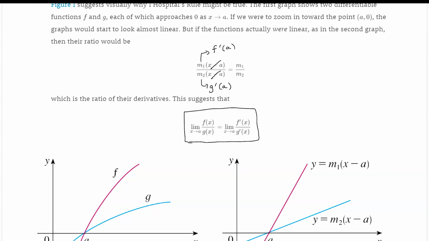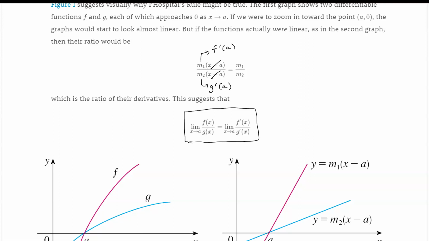Now notice that in this limit statement, which again is L'Hopital's rule, assuming the conditions have been met, instead of writing that the limit of f over g as x approaches a is f prime of a over g prime of a, we have that it's equivalent to the limit of f prime over g prime as x approaches a.